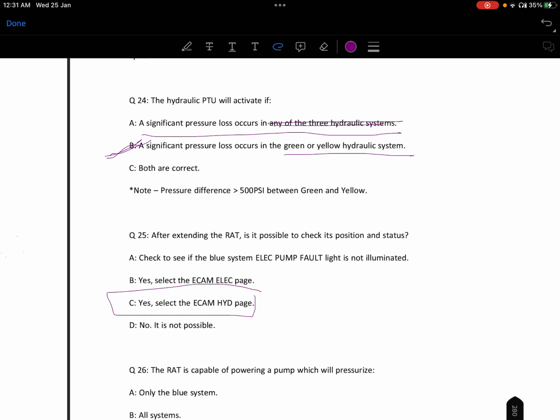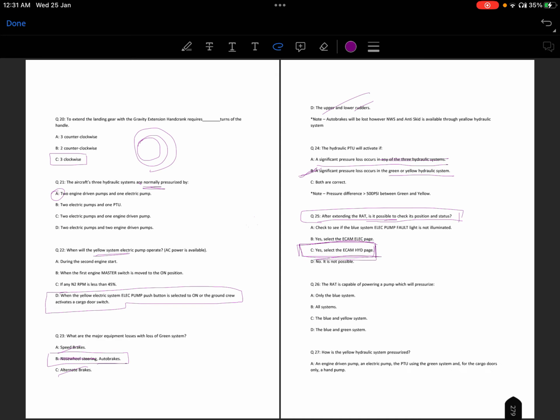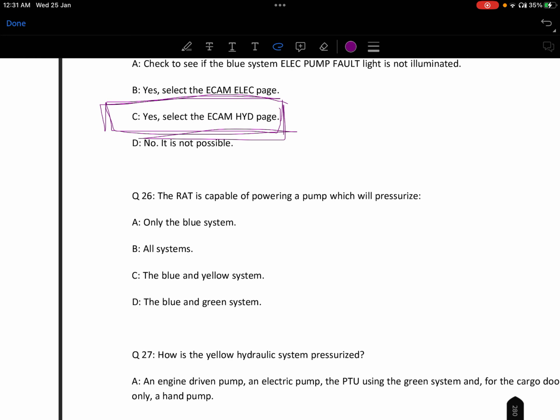I'm unable to show you here the hydraulic panel, but you can see it in the hydraulic ECAM page. Next question. So please keep it in mind, after extending the RAT, yes, it is possible to check its position and status by selecting the ECAM hydraulic page, right?